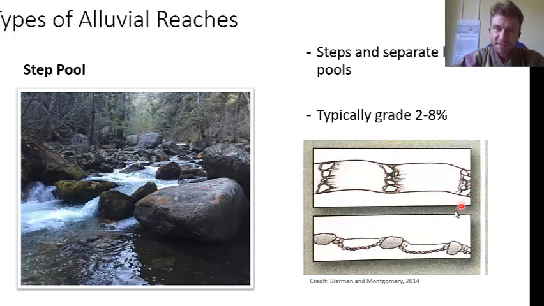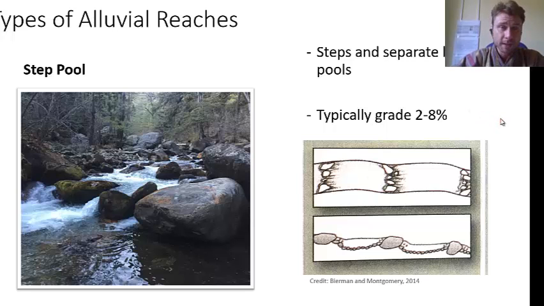And in between these steps is where you get these pools of shallower or calmer water, and those pools have finer grained material in between. A typical step pool reach would often have one of these pools for every 1 to 4 channel widths. A bit of a ratio. So these happen in grades that are still steep but lower than cascade features.